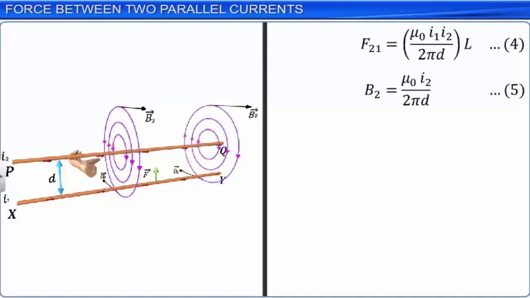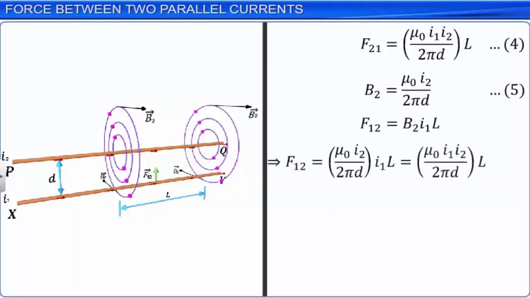The magnitude of the force acting on the segment of conductor XY of length L due to the magnetic field produced by the current through conductor PQ is F12 = B2 I1 L = μ0 I1 I2 L / 2πd. Let this be equation 6.